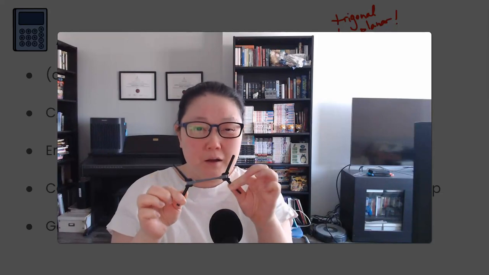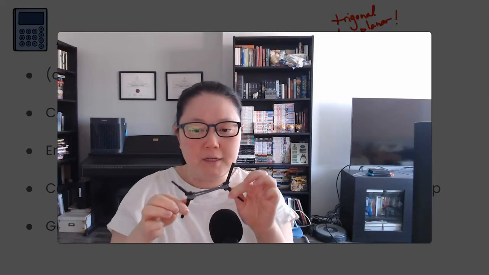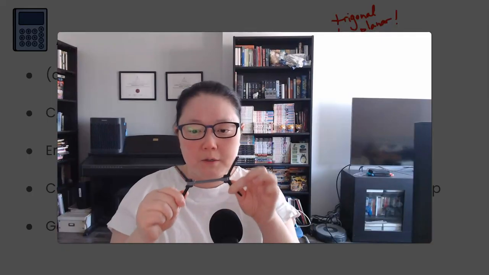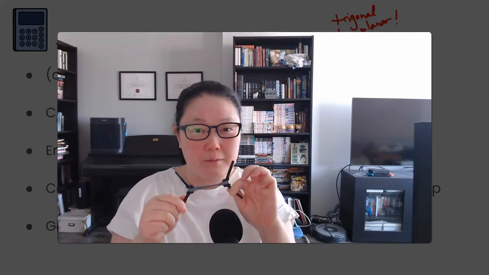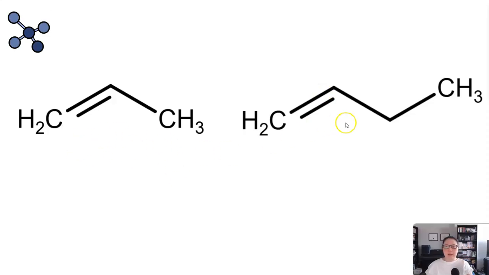The pi bond makes this bond rigid, so there's no spinning that can happen around this bond. It's going to be very rigid and it holds its shape. And this has consequences for some of the naming aspects as well, though we're not going to deal with that in this particular lesson.